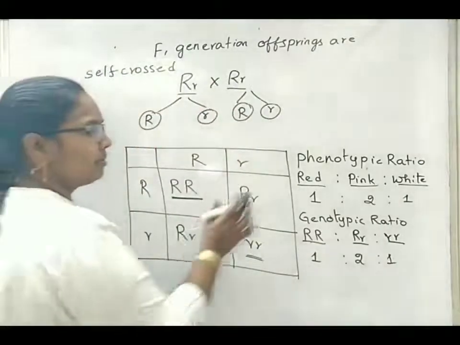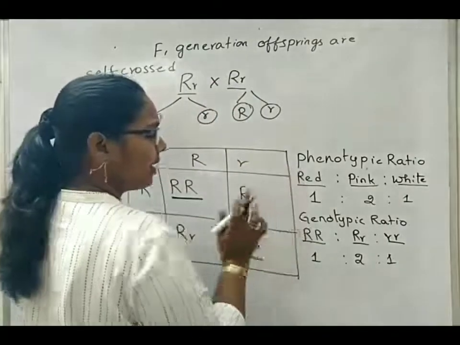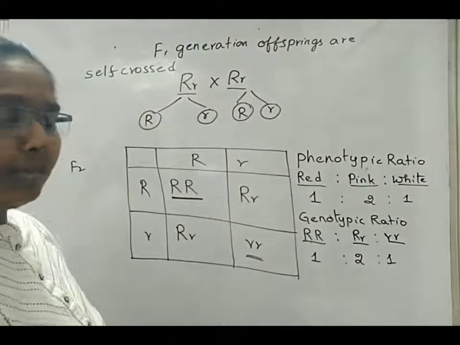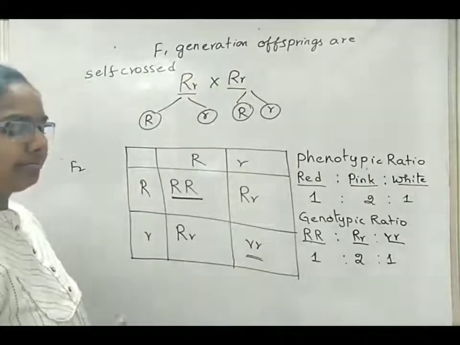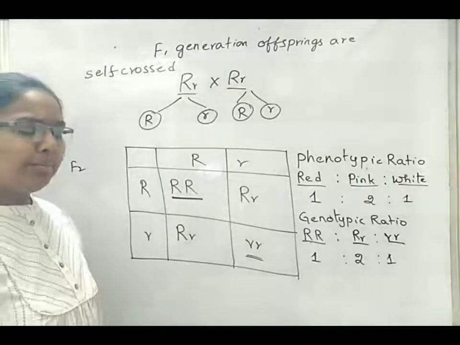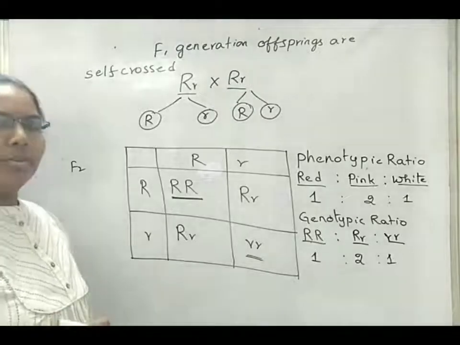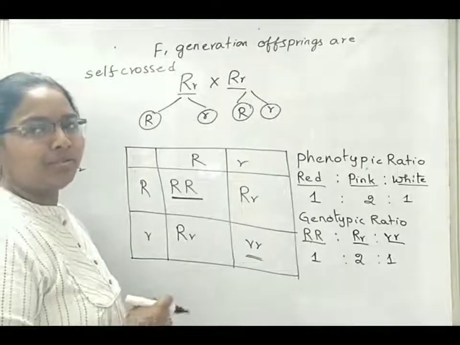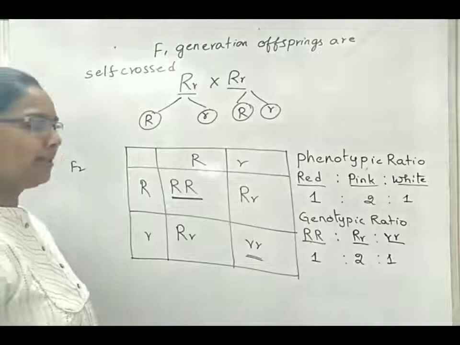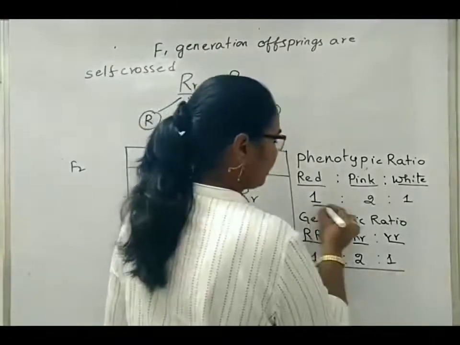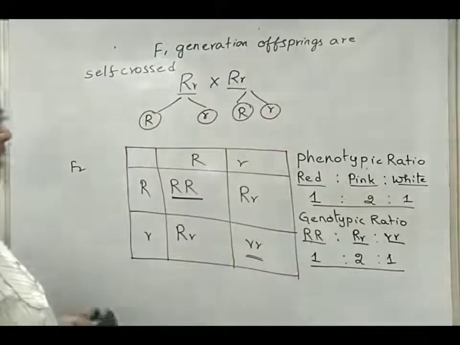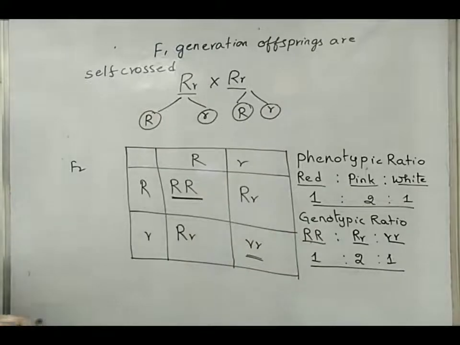Here, if you observe, both the phenotypic ratio and genotypic ratio in incomplete dominance are the same. It means that incomplete dominance shows the same type of ratios phenotypically and genotypically.